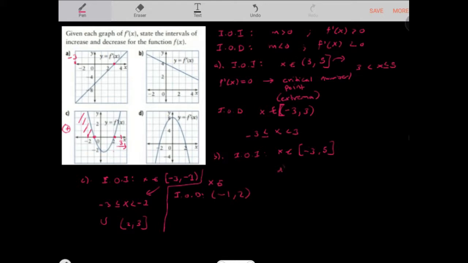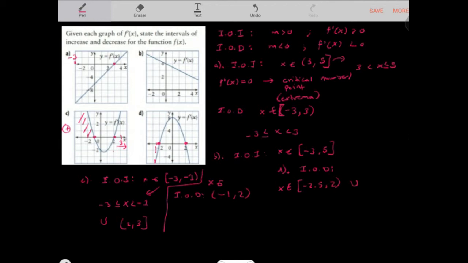And then for part D, you can see that there is a 0, so point of extrema, at -2 and +2. So we know that there is an interval of decrease between this point. Let's say this is the 2.5 point. So x belongs to -2.5 and -2.